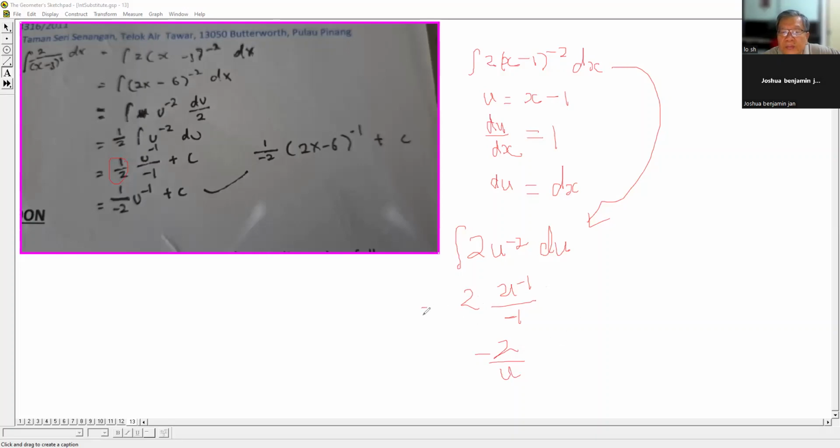So this one becomes -2 over, what is u? u is x minus 1, then plus c.